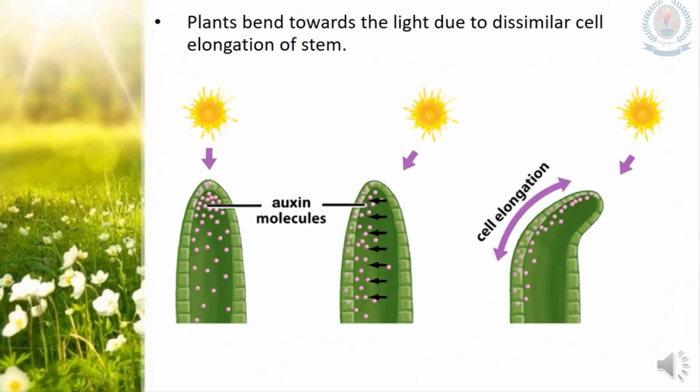Plants bend towards the light due to dissimilar cell elongation of the stem. That also happens because of the auxin.